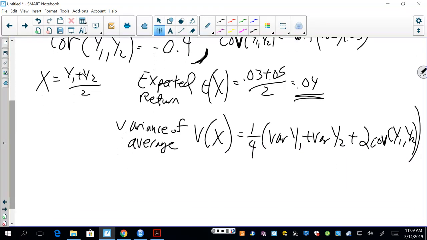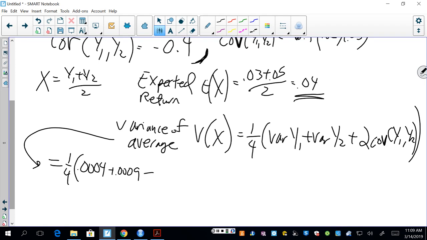So we want this whole formula here. I'm going to move this one all the way back over here. So 1/4, the variance of the first one is 0.0004. The second one was 0.0009. Then covariance is negative. There's 2 times 0.4 times 0.02 times 0.03.